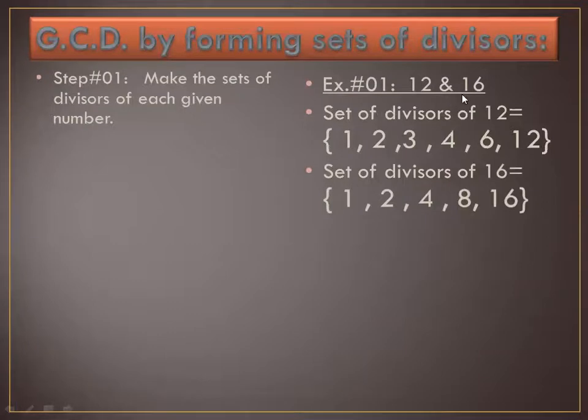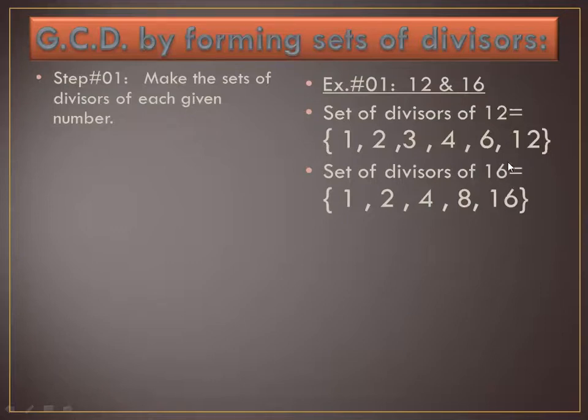Now in the next step, you have to find the set of divisors of another number, that is 16. The set of divisors of 16 is equal to 1, 2, 4, 8 and 16. 16 can be divided by 1, by 2, by 4, by 8 and by 16.